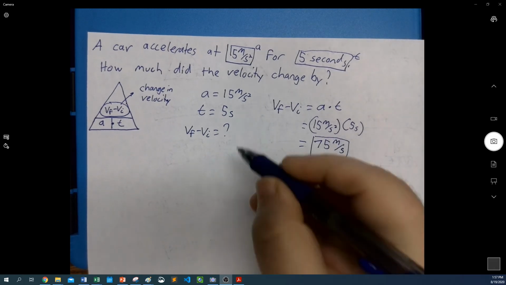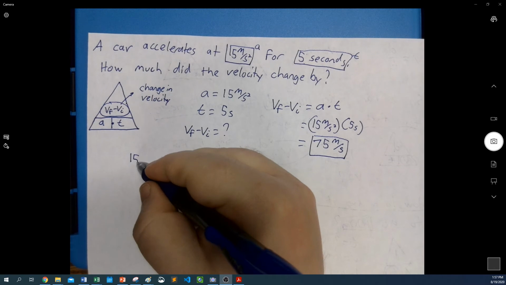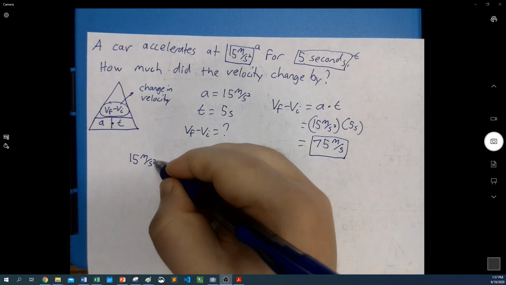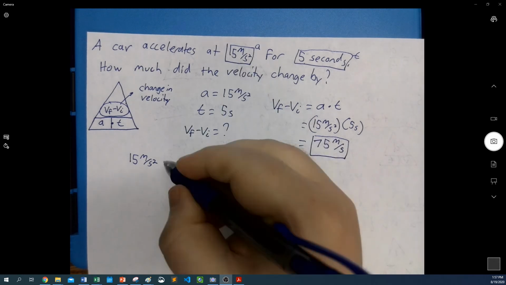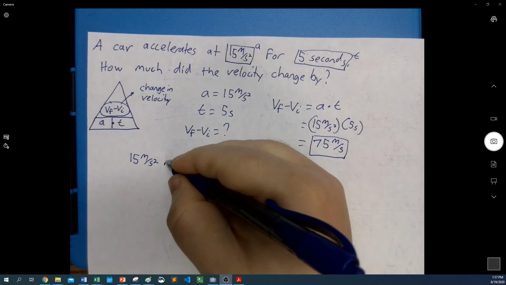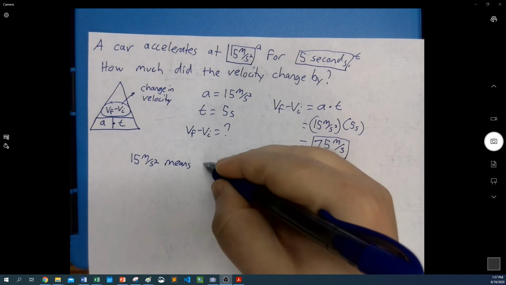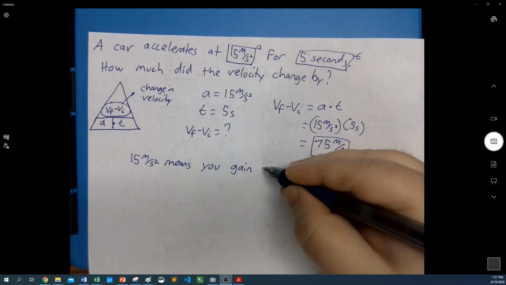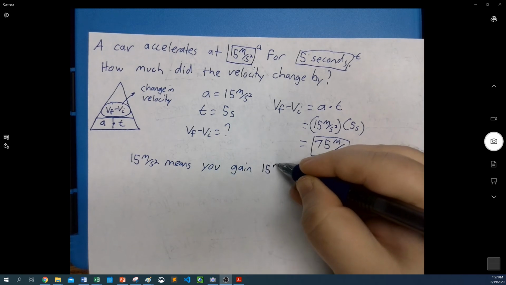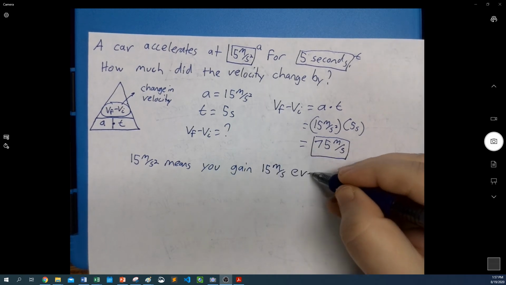So this 15 meters per second squared, this is our acceleration. 15 meters per second squared means you gain 15 meters per second every second.